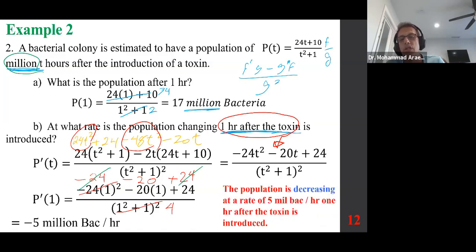So the population is decreasing at the rate of 5 million bacteria per hour, 1 hour after the toxin is introduced. Okay, so that's the meaning of it, everybody. I hope it's straightforward. Hope everybody's okay with that.